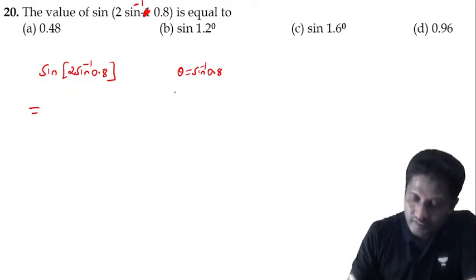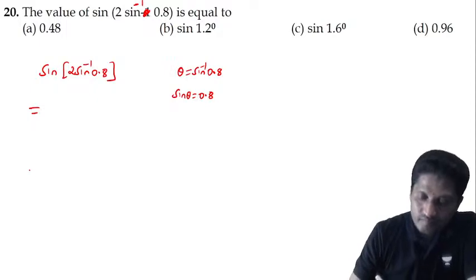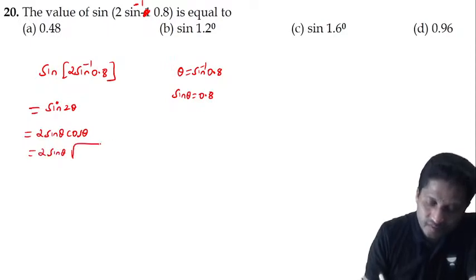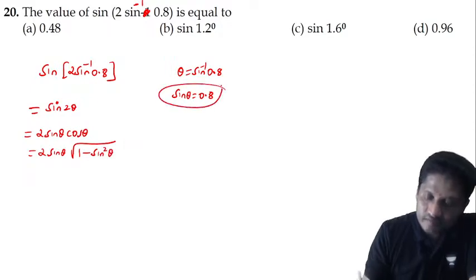From this, I can write sine theta is equal to 0.8. Okay, so this becomes sine 2 theta. Sine 2 theta will be equal to 2 sine theta cos theta. Cos can be written as square root of 1 minus sine square. Now I'll get the value.